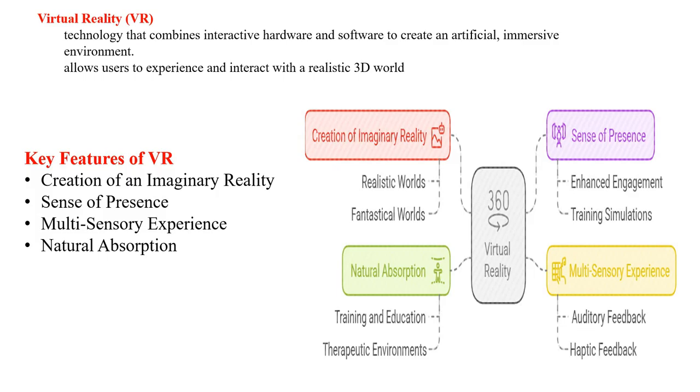Then next is multi-sensory experience, where VR will incorporate visual and auditory feedback and sometimes haptic feedback in order to make interactions more natural and realistic. Then you have natural absorption into the virtual world.